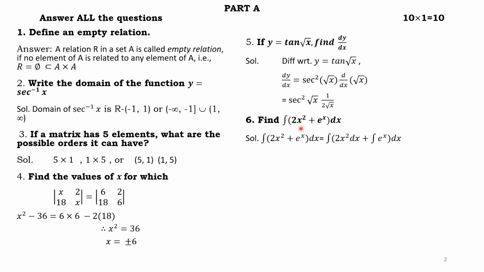That is, we have separated the function within brackets. That becomes 2 into, using the power rule, integral of x square is x cube by 3, plus integral of e to the power of x is e to the power of x itself plus constant of integration. Therefore, that becomes 2 into x cube by 3 plus e to the power of x plus c.